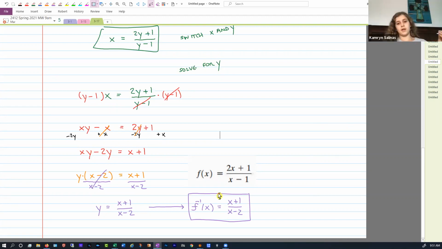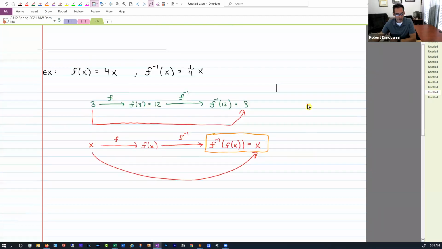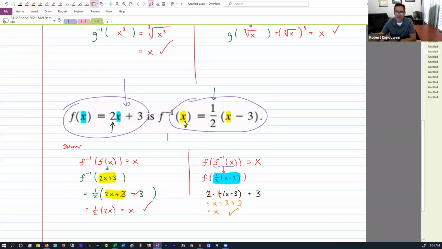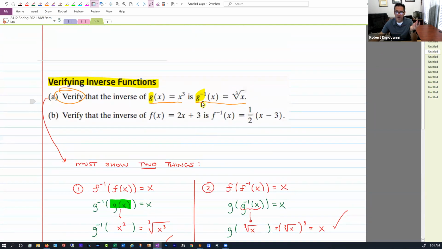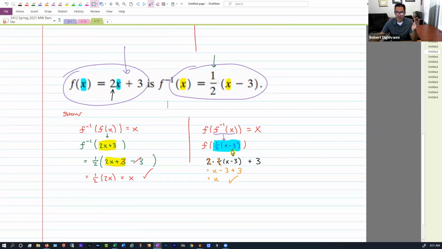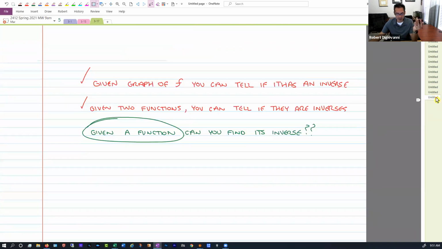You plug in the inverse X plus 1 over X minus 2 into the f of X. Yeah, I could basically do what we did here. See, now we have two functions. We think they're inverses. We could check them by putting them together and seeing if it spits out X.